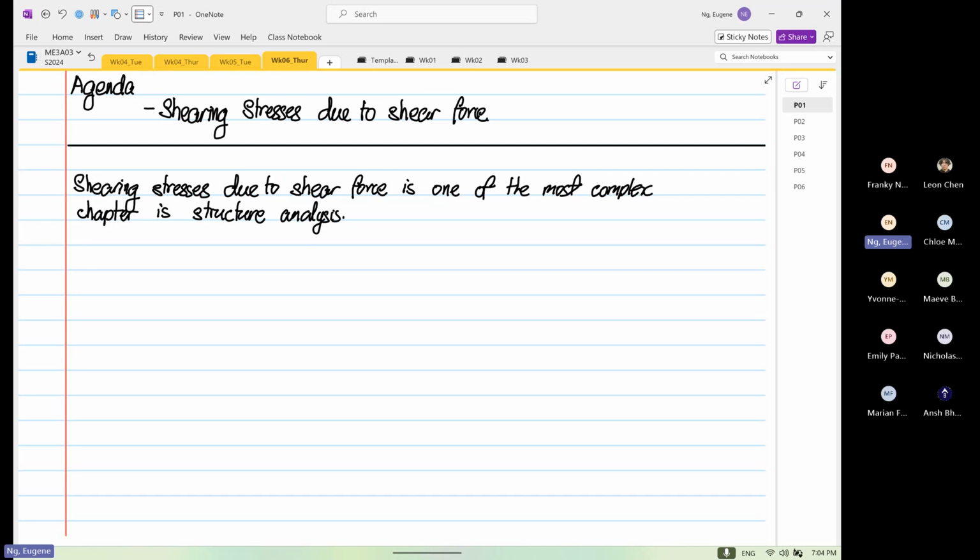In this topic there are two main formulas. One is known as the shear flow, and the formula for shear flow is small q equals VQ over I, where q, as you already know, is the shear flow.